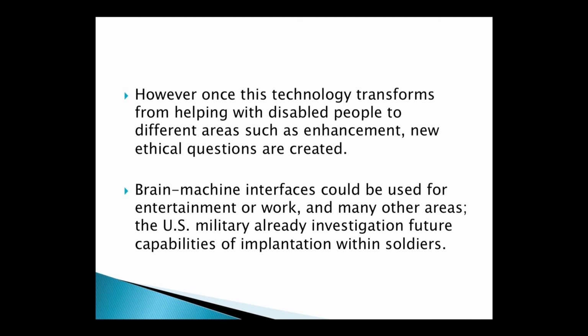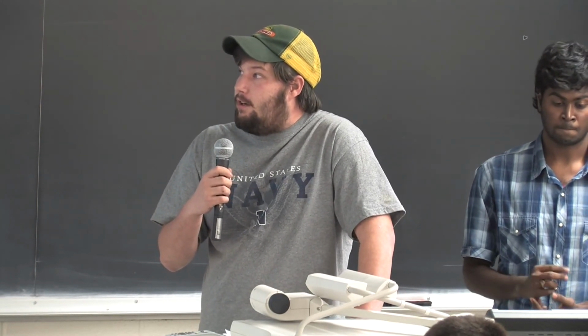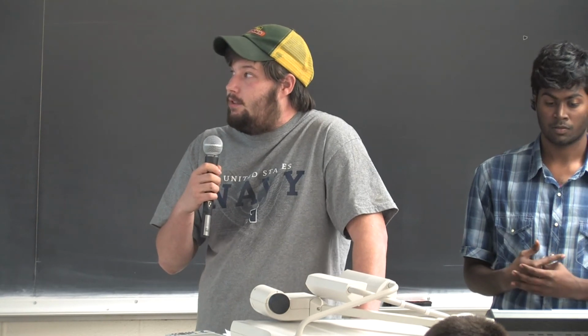However, once this technology transforms from helping disabled people to different areas such as enhancement and so on, new ethical questions are definitely created. Brain-machine interfaces could be used for entertainment or work and many other areas. The U.S. military has already investigated future capabilities within soldiers.